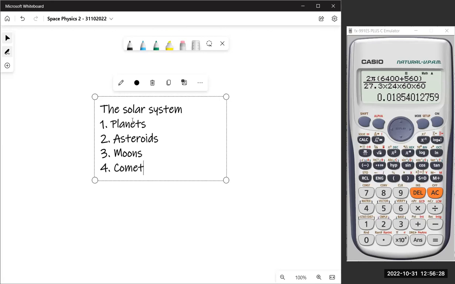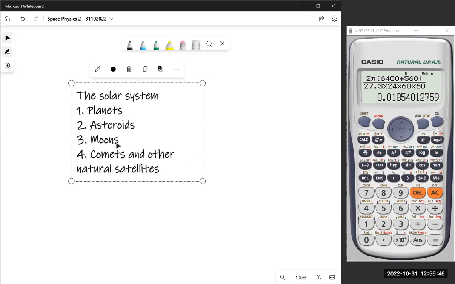So does every planet have a moon? I know about Earth and Jupiter. Yes, other planets also have moons, not just satellites. They do. So we look at all of that in a second.